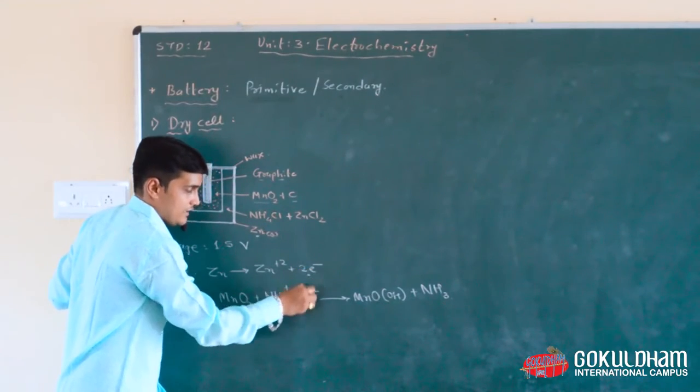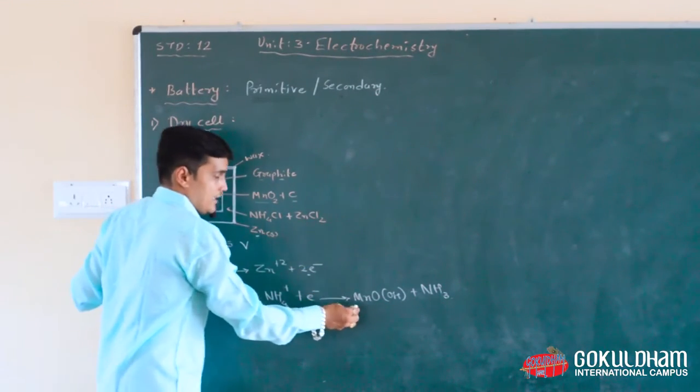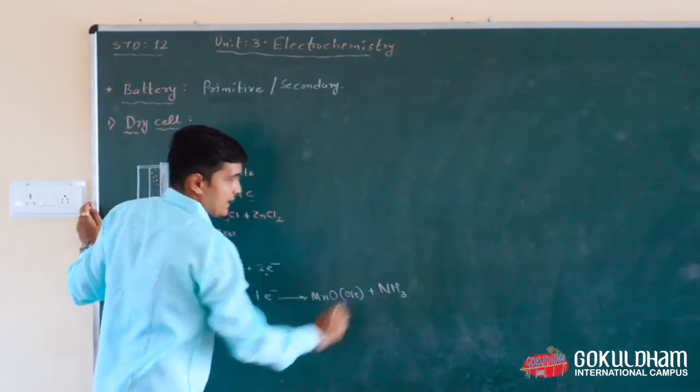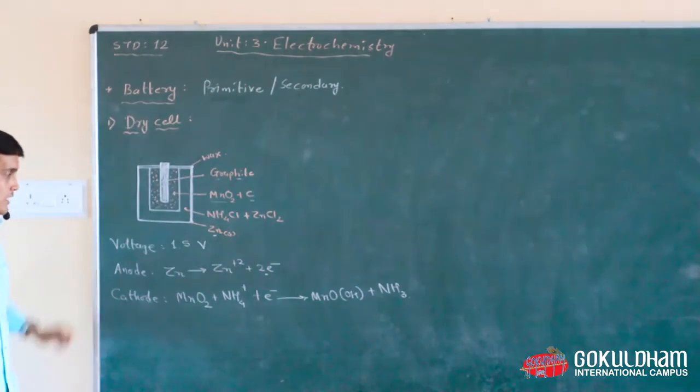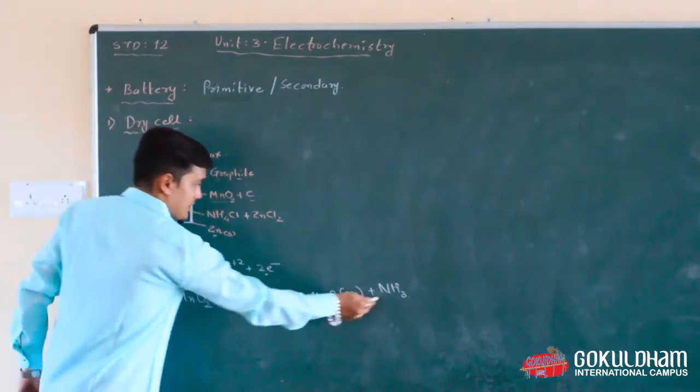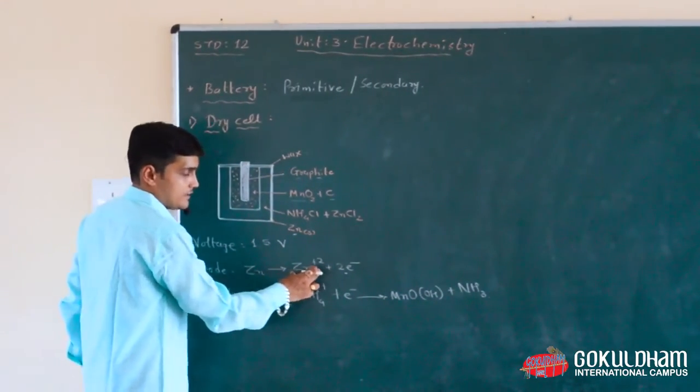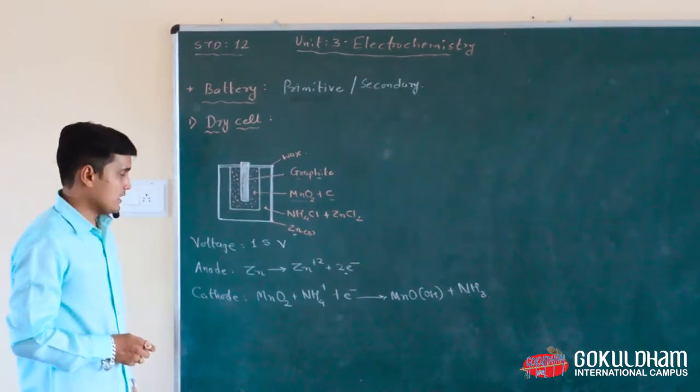This electron is gained by the cathode, and you will get MnOOH plus ammonia gas. This ammonia makes a complex with the Zn2 plus ion.